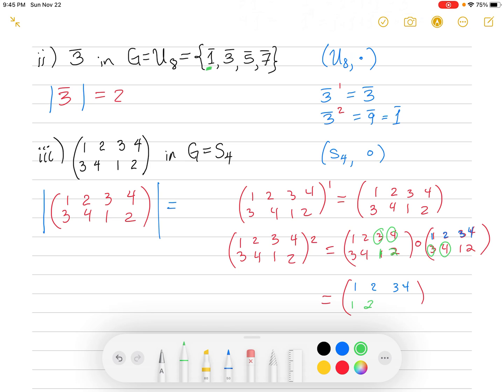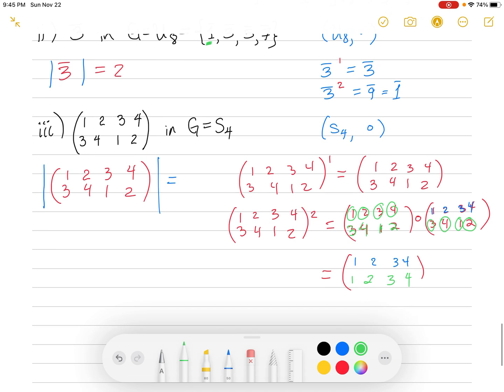So I'm going to put a 2 here. 3 goes to 1, 1 goes to 3. 4 goes to 2, and 2 goes to 4. So I'm going to put a 4. Hey, look at that. I got back to the identity permutation: 1 goes to 1, 2 goes to 2, 3 goes to 3, 4 goes to 4. So it only took 2 copies to get me there. My order here is going to be 2.